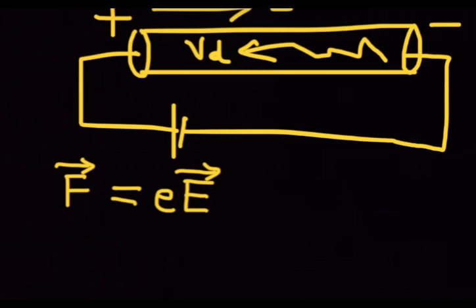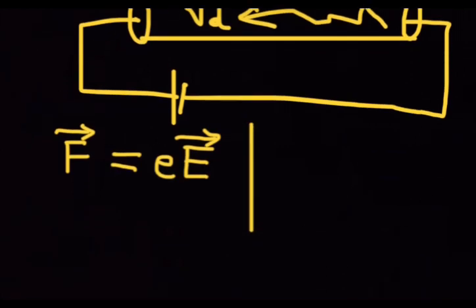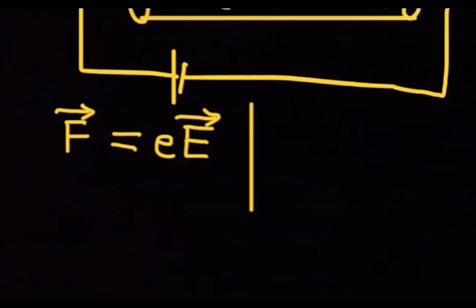In classical mechanics, if m is the mass of the electron and a is the acceleration of its motion, under an electric field the electrons get accelerated. That means it is not moving with a constant velocity, it's moving with increasing velocity. Let a be the acceleration of the electron.